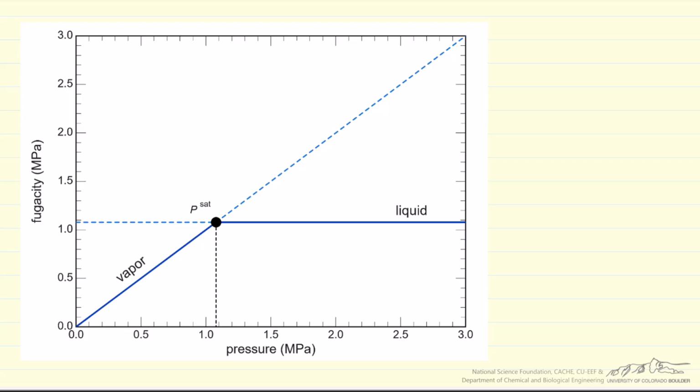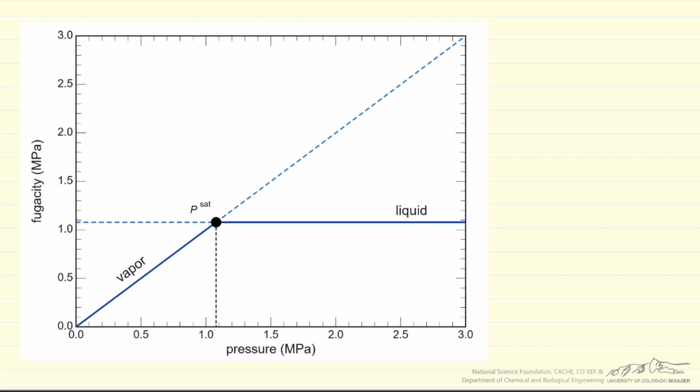So for the liquid at this temperature, fugacity is a constant value, the saturation pressure. And so as we increase the pressure, this plot shows fugacity does not change with pressure for liquid. If we go to very high pressures, indeed, we see fugacity will increase slightly with pressure. This is actually an important increase, but for what we're looking at here, over this range, it's essentially constant.